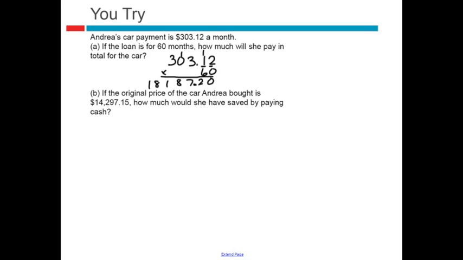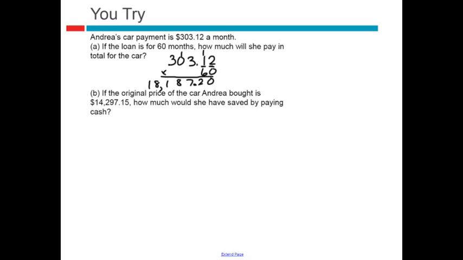So we need 2 decimal places. We're going to have $18,187.20 is the amount of the loan that she will pay for the car.